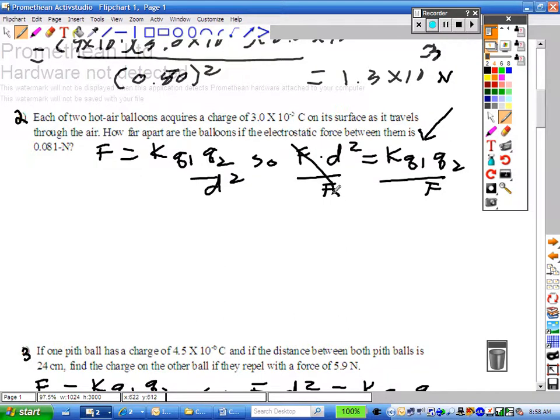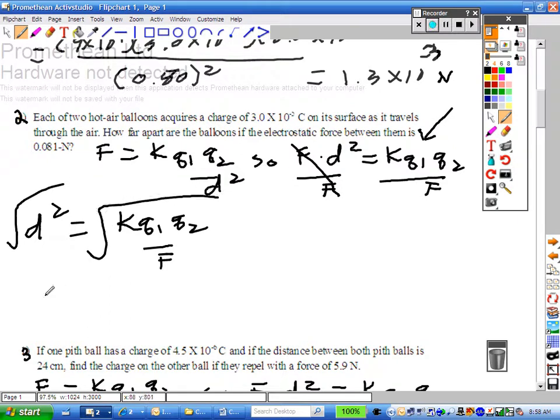notice how this cancels, and I get d squared equals kQ1Q2 over F. Well, of course, we wish to find out what d is, not d squared. So we are going to square root both sides, which means d is equal to the square root of, now let's plug in the numbers, k, which is again 9 times 10 to the 9.